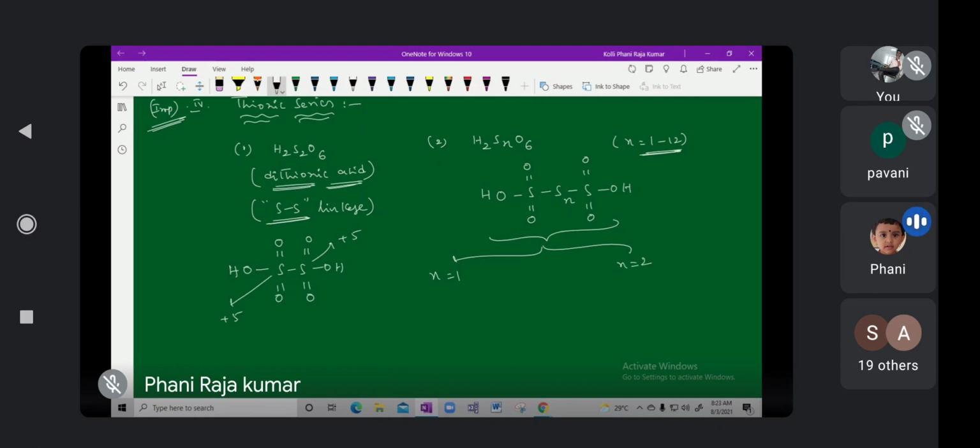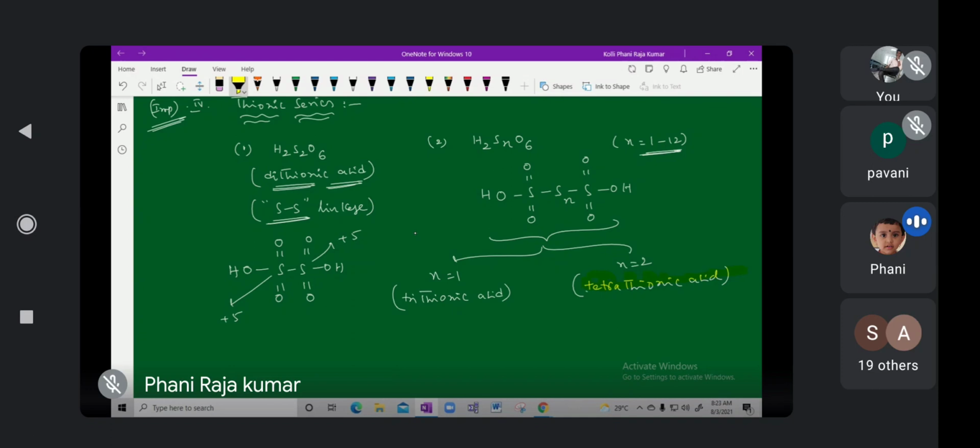If you put n equal to 1, we are getting 3 sulfurs. That's why it is called trithionic acid. If you put n equal to 2, tetrathionic acid. Right side compound, very important compound, tetrathionic acid.